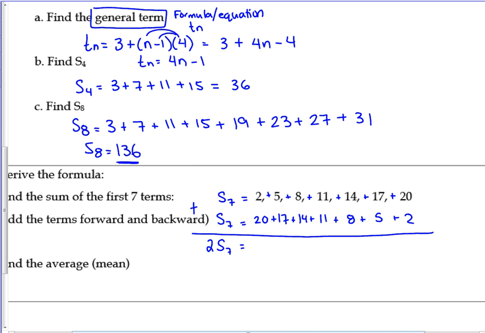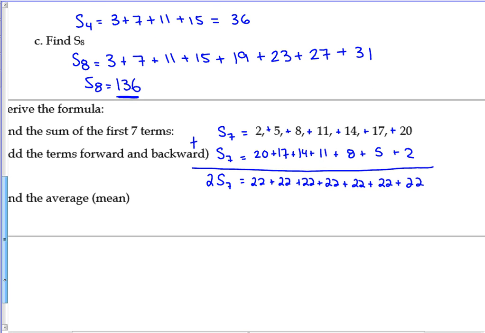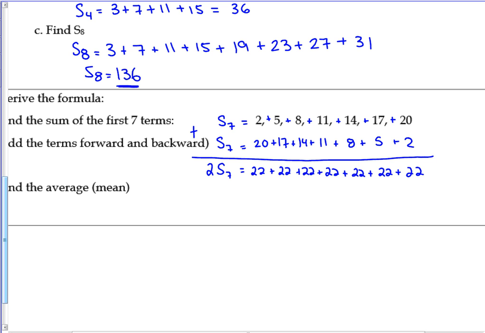Every single time. 22. 22 plus 22 plus 22 plus 22, plus 22. Okay, is there an easier way to write that? If we're adding 22 together 7 times. 7 times 22.